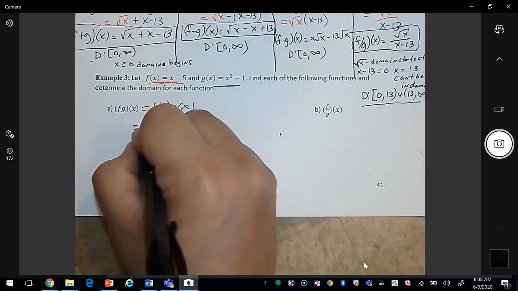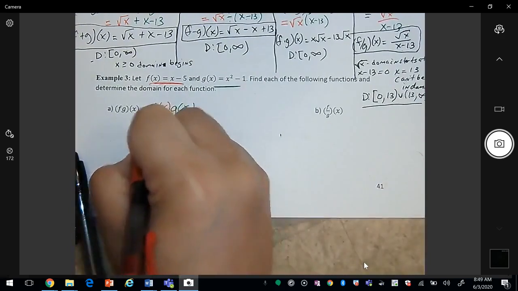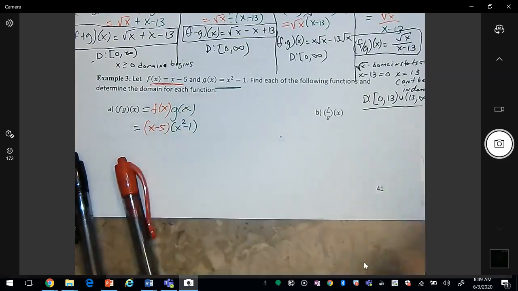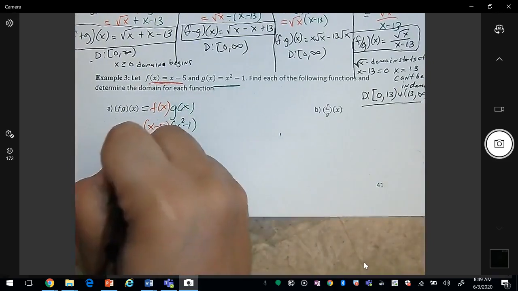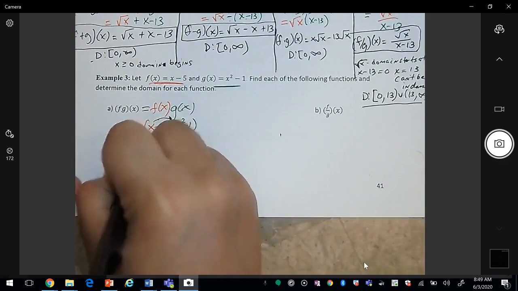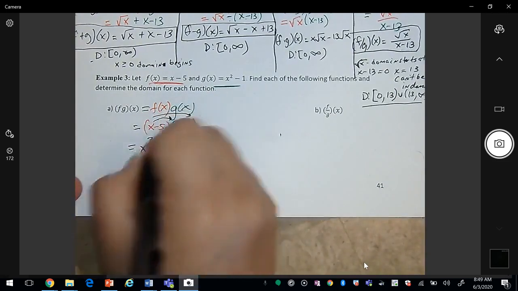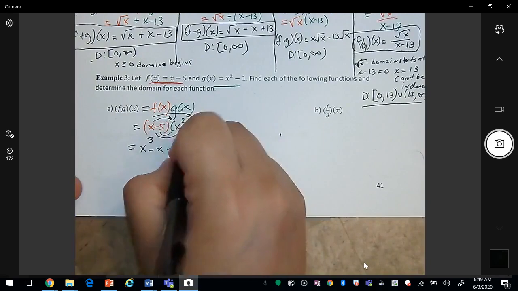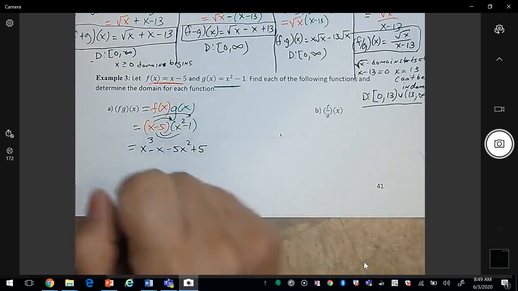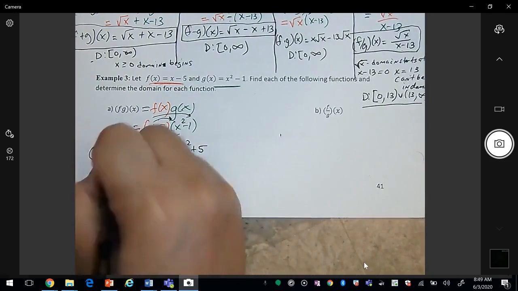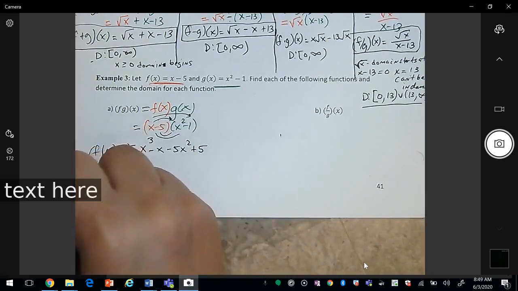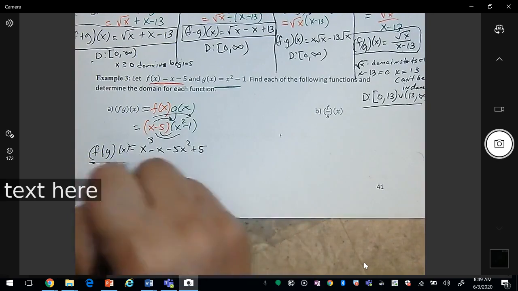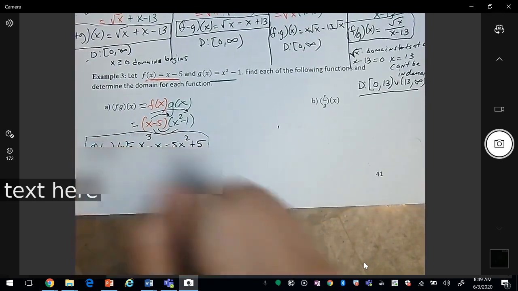So f of x is x minus 5, and g of x is x squared minus 1. Multiply this out. X times x squared is x cubed. X times negative 1 is negative x, minus 5x squared plus 5. Gather any like terms, which we don't have, so this will be our answer.